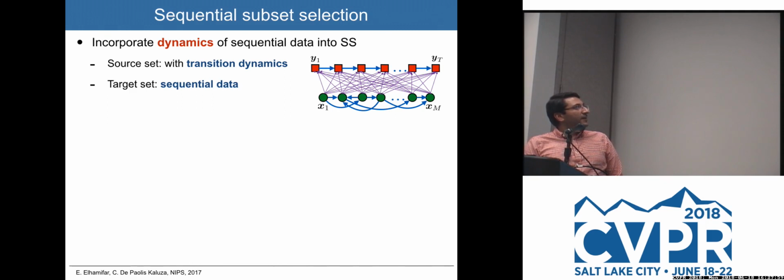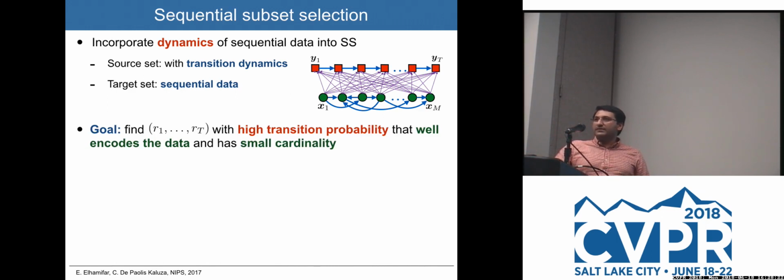So what I'm going to take is a setting where my target set is now a set of sequential items, y1, y2, up to capital T, that arrive in time. And my source set is a set of items that have pairwise transition probabilities between them.